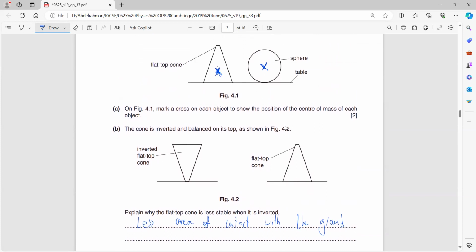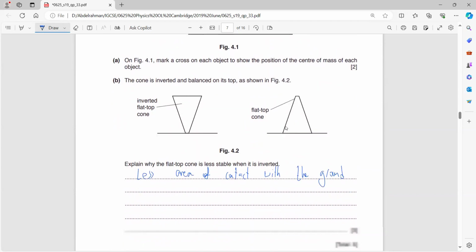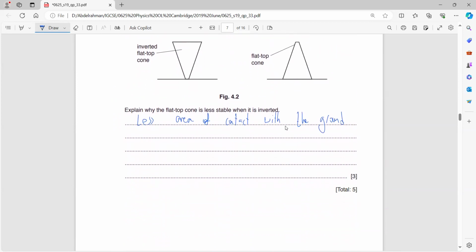When I invert the flat top cone, what happens to the center of mass? It becomes quite high up. So less area in contact with the ground, and the center of mass is now higher up.